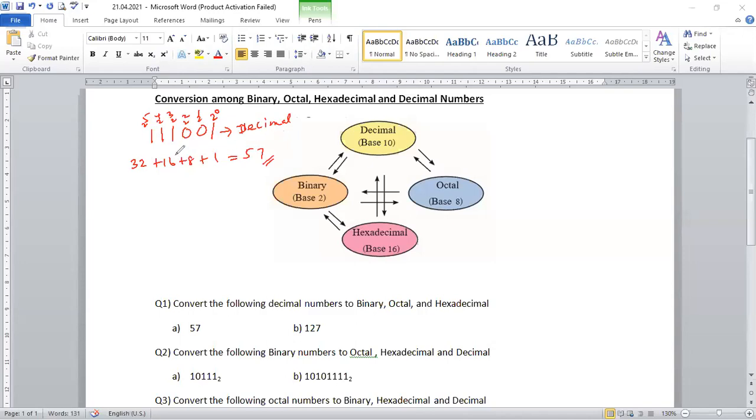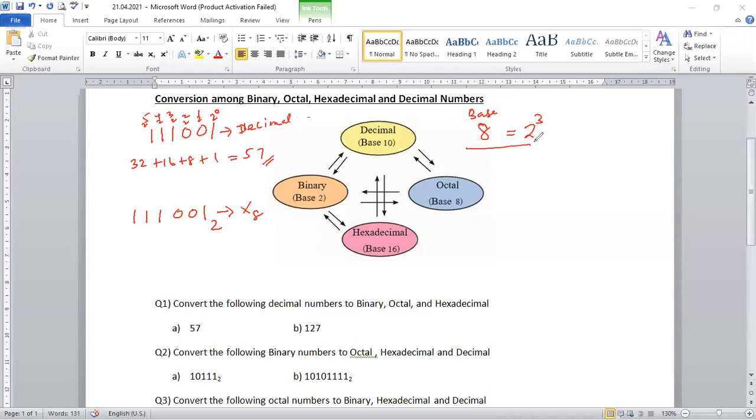Okay. Right. Now you have the binary number 111001, base 2. Now this number you have to convert to octal, base 8. This binary number you have to convert to octal. So remember, in an octal number the base is 8. So this thing you can write as 2 to the power 3.